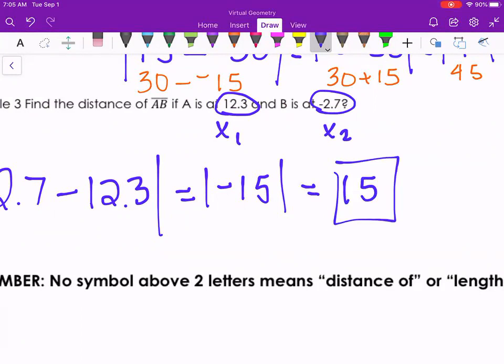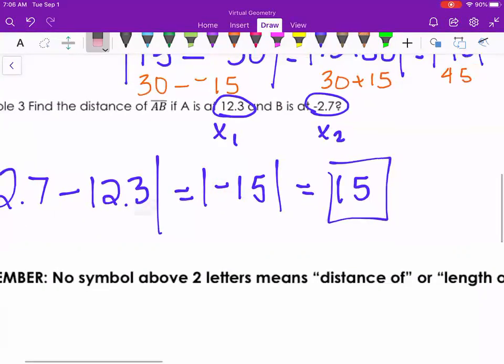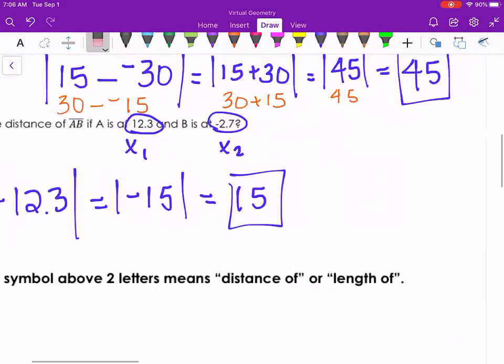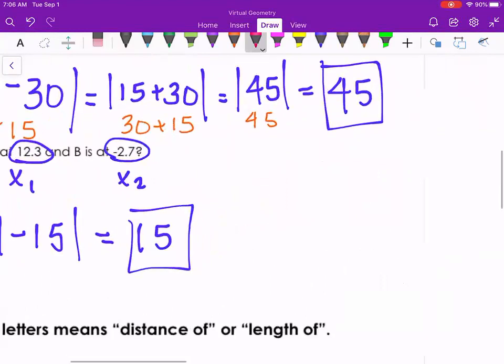Working with absolute value is not that bad. What we want to remember, though, is whatever single number we're left with inside those absolute values, we want the positive version of it. That's why we're always getting a positive answer here. All right, there's one thing to remember when dealing with distance, and it specifically happens when you're dealing with segments.